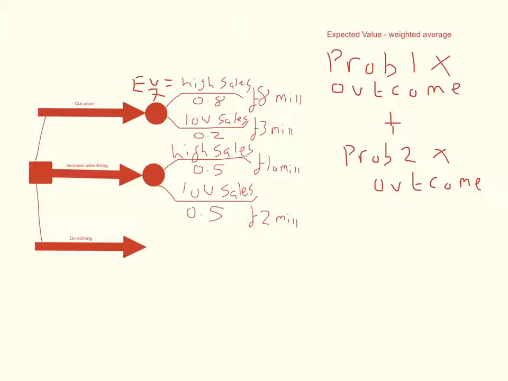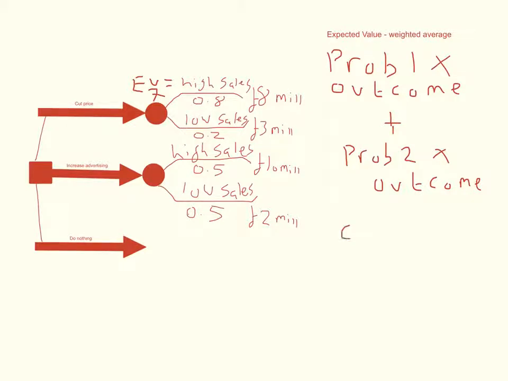So it's the same formula. It's the probability of 1, 0.5, times the outcome of 1, which is 10, plus the probability of 2, which is 0.5, times the outcome, which is 2. So let's record that.